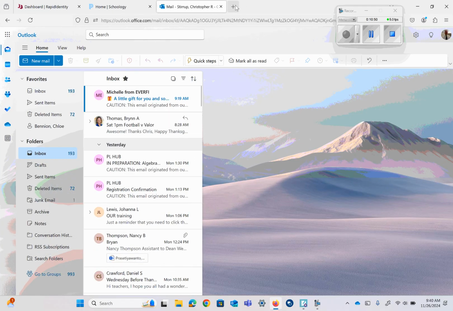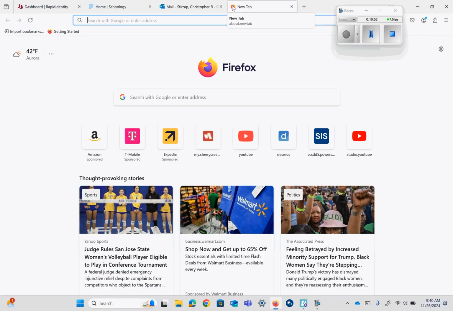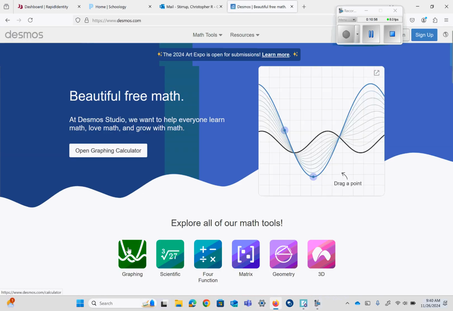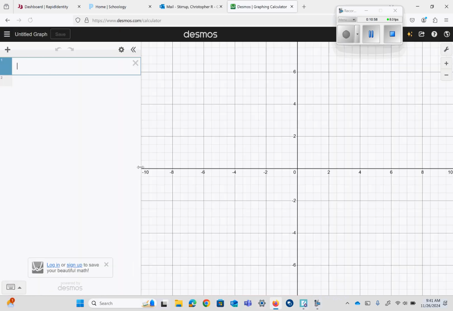All right, Desmos. Normal distribution, right? And what was the average? 80, the new mean, and then 15 was the standard deviation. Cool.